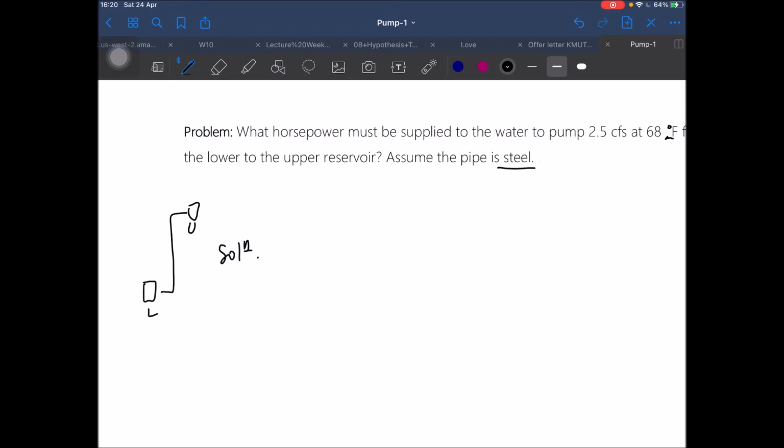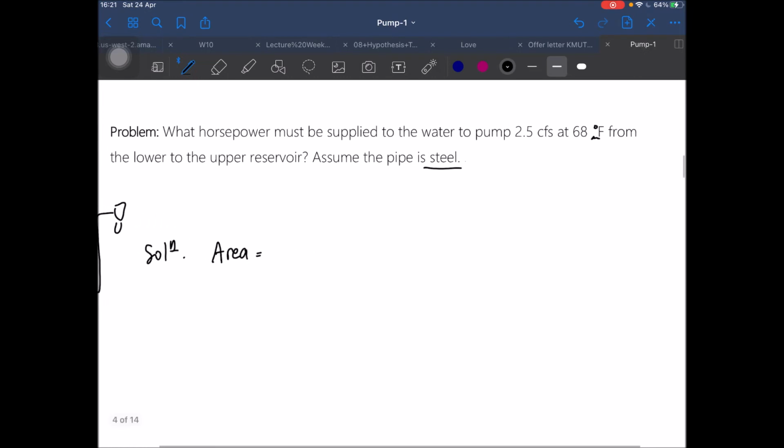We need to find the area. So area of the pipe equals to, I guess it is not mentioned in this one, so another additional information: D equals 8 inches.